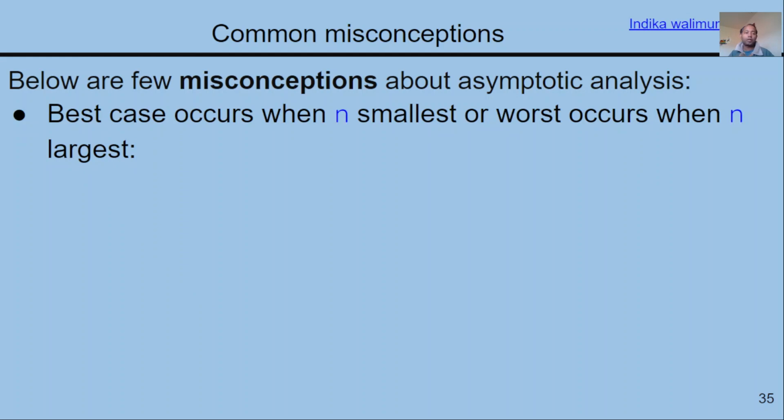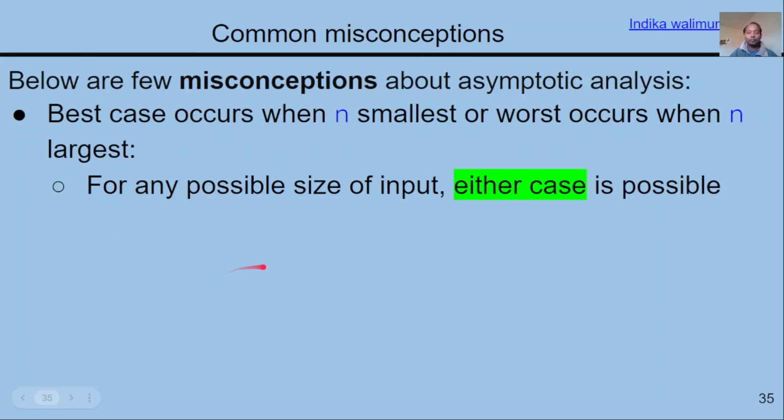All right, so next one. These are misconceptions, and down below I explain the truth. The claim is that best case occurs when n is smallest, or worst case occurs when n is largest, and that is not the case. For any possible size of input, either case is possible.